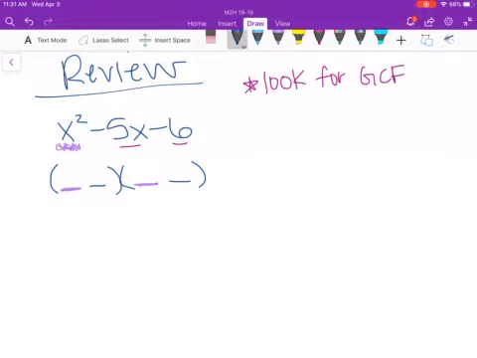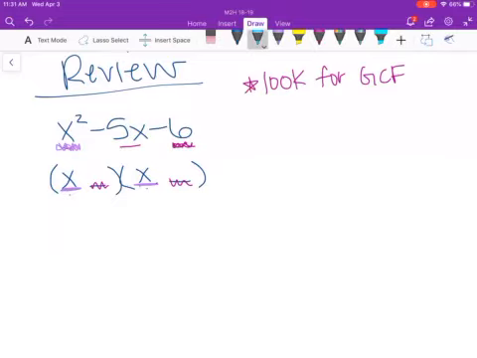So you'll have two numbers in the first blanks that have to multiply to be x squared. Since it's just x squared, it's going to be x and x. Now, the next two numbers in the second blanks have to multiply to be negative 6.